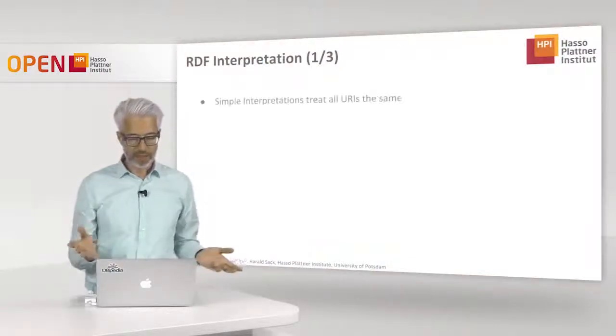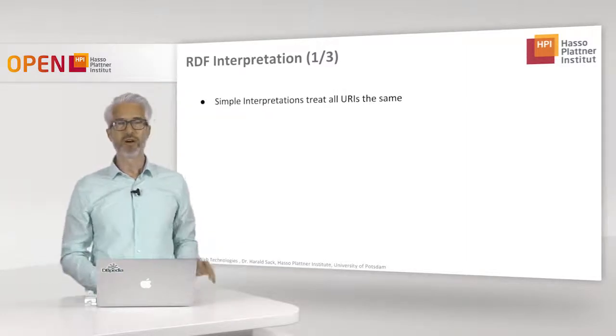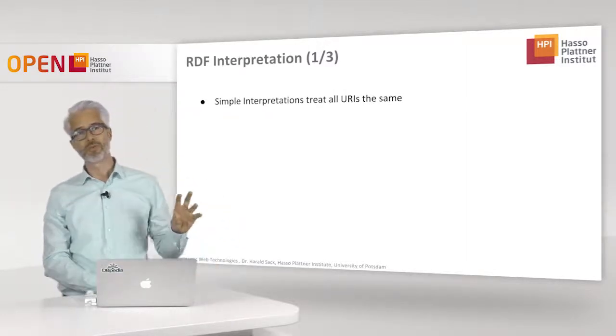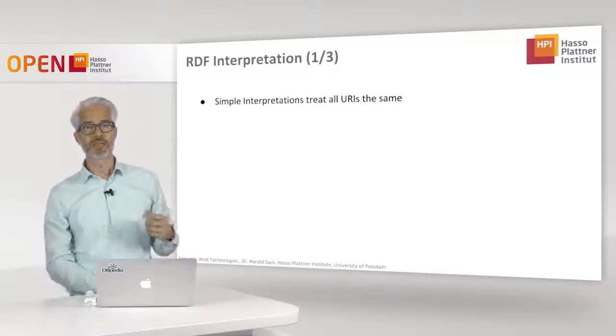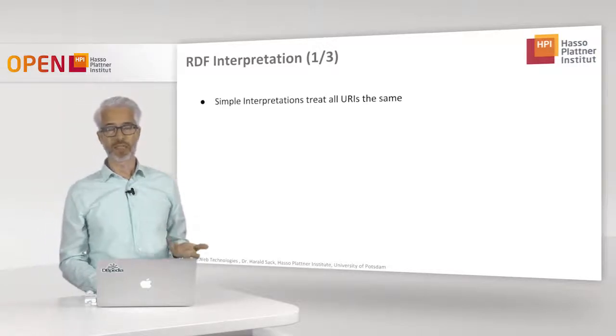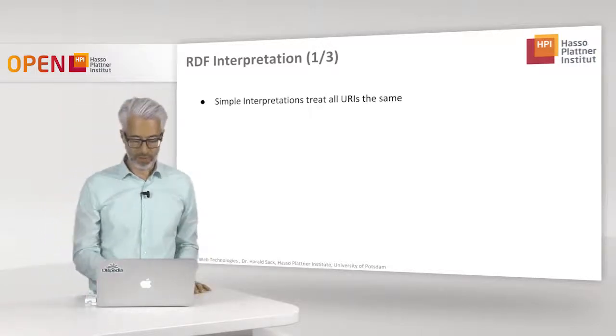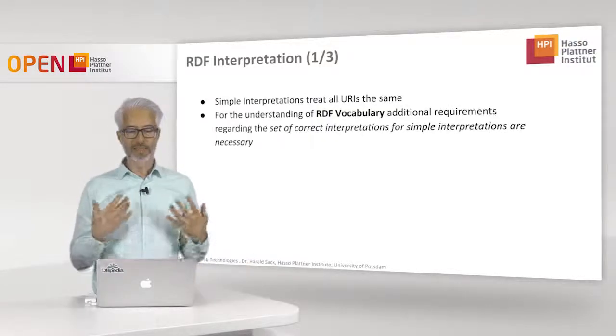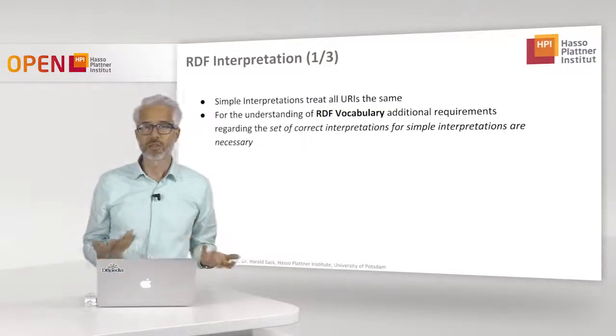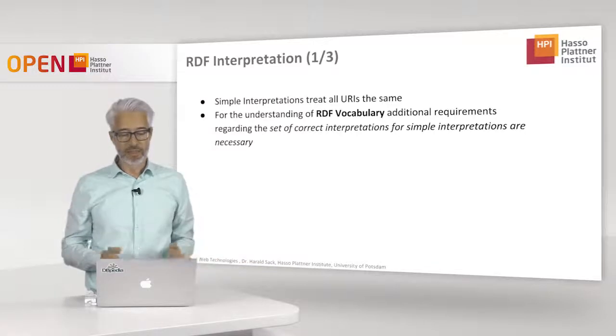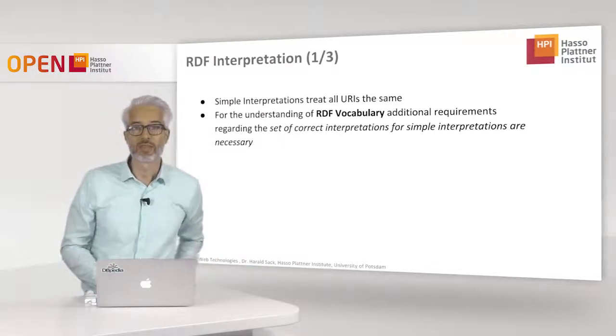So let's recall: the simple interpretation treats all URIs that occur within the triples the same. They do not take care whether they stem from the RDF or the RDFS vocabulary. Therefore, for understanding the RDF vocabulary, additional requirements are needed concerning the correct interpretation.